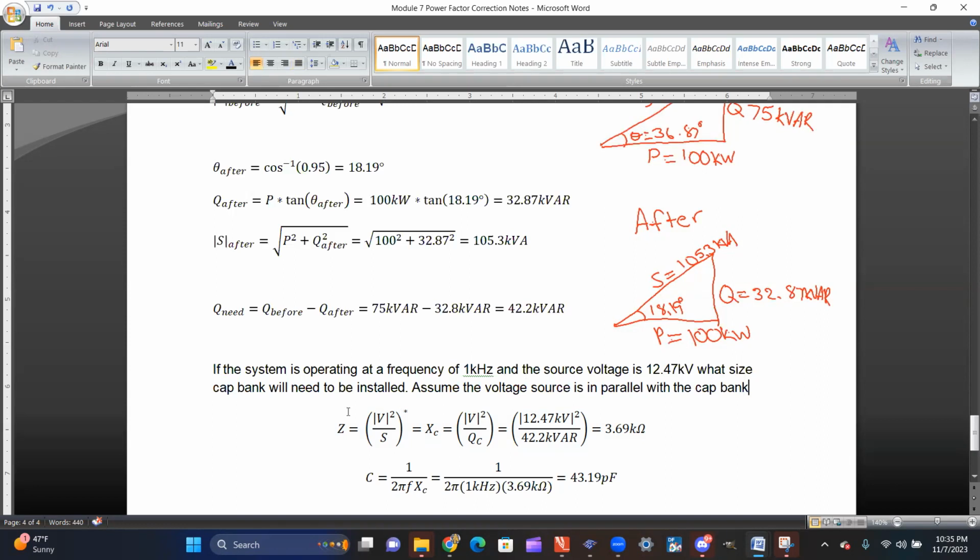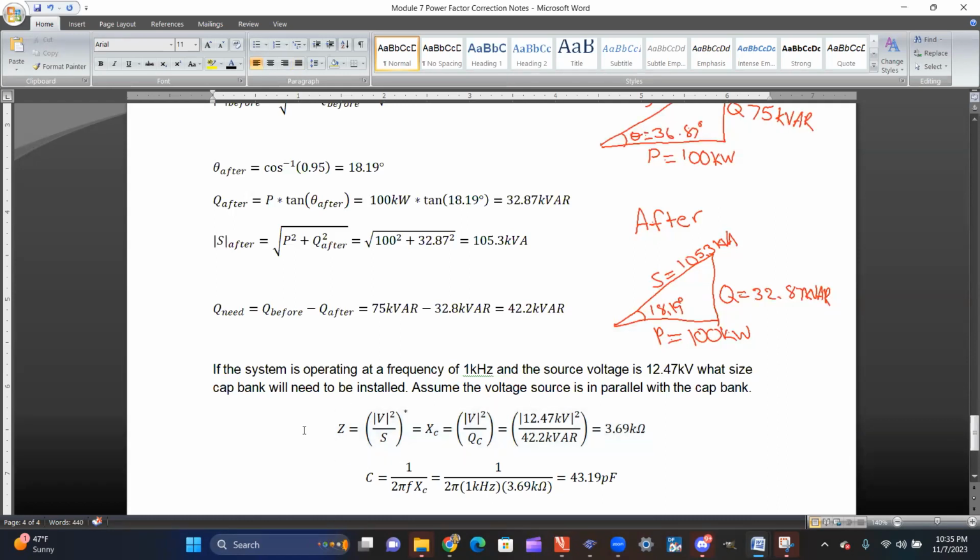In a system, typically the things are installed in parallel. But for this particular example, we're going to assume that the voltage source is in parallel with the cap bank, which is a fair assumption.